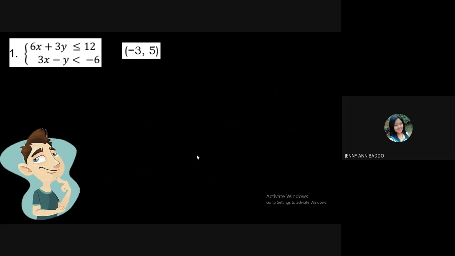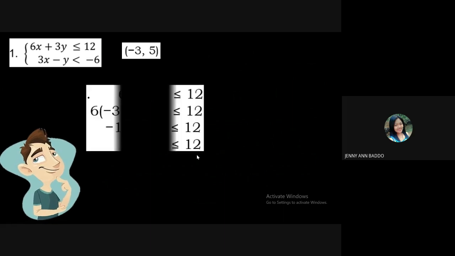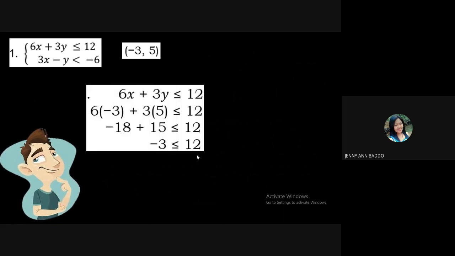So using the first inequality first, we have 6x plus 3y is less than or equal to 12. Then by substitution, we now have 6 times negative 3 plus 3 times 5 is less than or equal to 12. Simplifying the inequality, we now have negative 18, that's from 6 times negative 3, and from 3 times 5, we have 15.